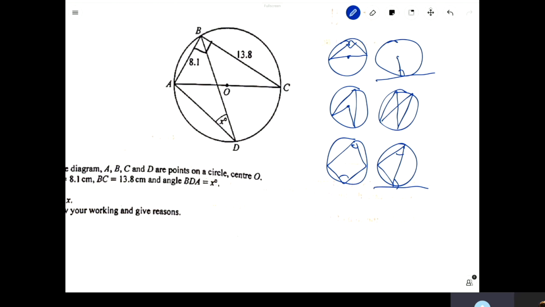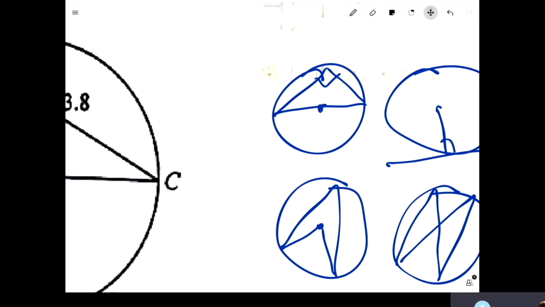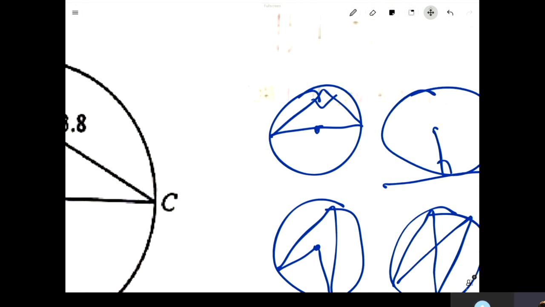We'll start from the top. The first one, top left, is 90 degrees. Angle in a semicircle, diameter: the angle at circumference equals 90 degrees.